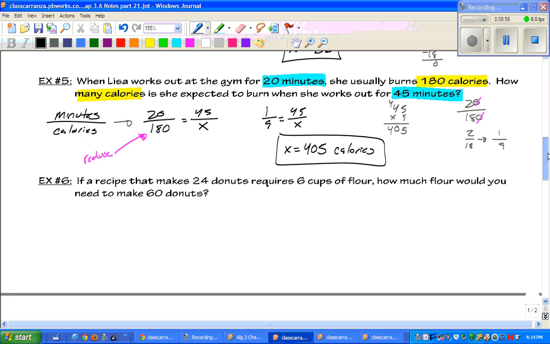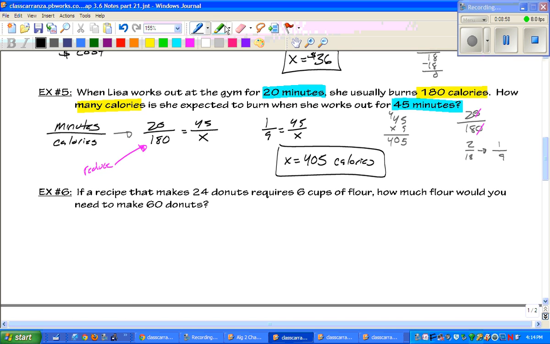All right, number 6. If a recipe that makes 24 donuts requires 6 cups of flour, how much flour would you need to make 60 donuts? Okay, so we're talking about donuts and flour.